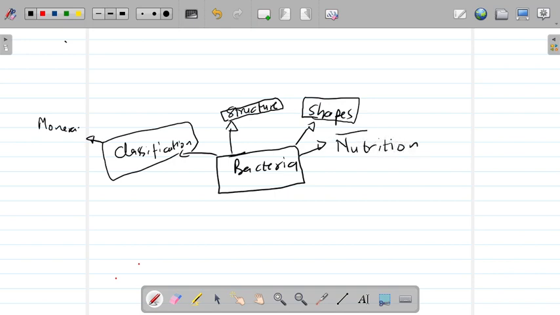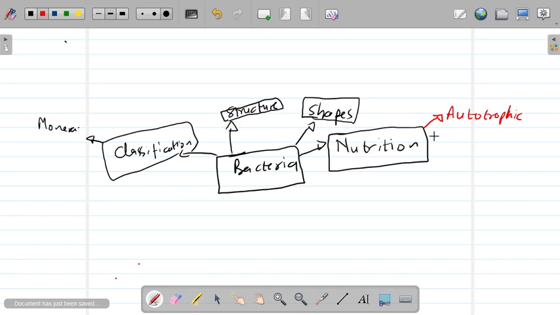What do I mean by mode of nutrition? How bacteria feed. They practically feed using two main modes of feeding, meaning some are autotrophic, meaning they can make their own food, and some are heterotrophic, meaning they cannot make their own food.